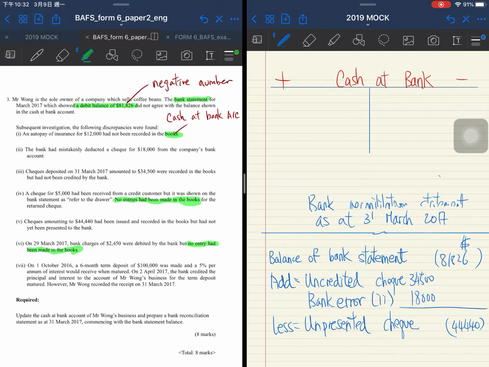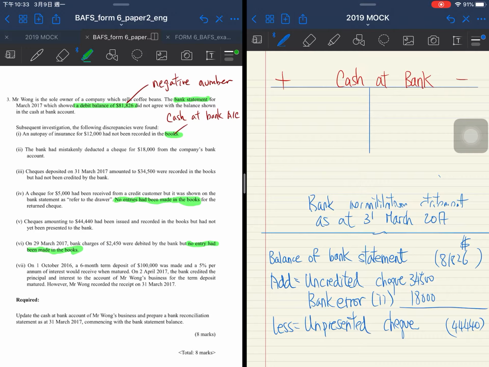Number 7. On the 1st of October 2016, a 6-month term deposit of 100,000 was made, and 5% interest was received when matured. On 2nd April 2017, the bank credited the principal and interest to the account of Mr. Wong's business for the term deposit maturing.